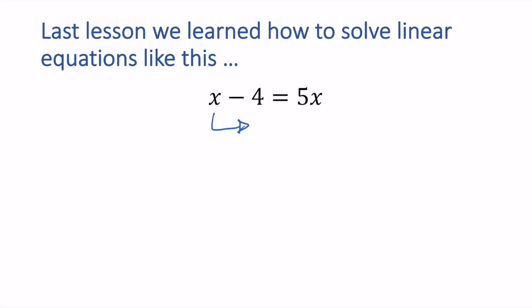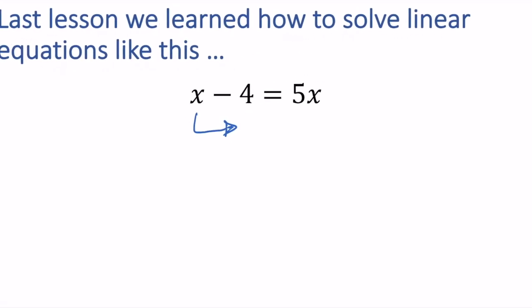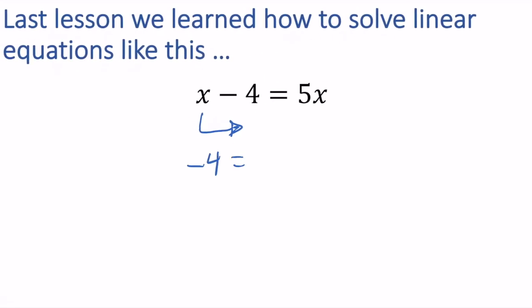So let's decide to move this single x to the right-hand side. What we'd end up with is minus 4 over here and 5x minus x. And just remember, I knew it was a minus x because it was a positive x on this side. Then we would carry on.